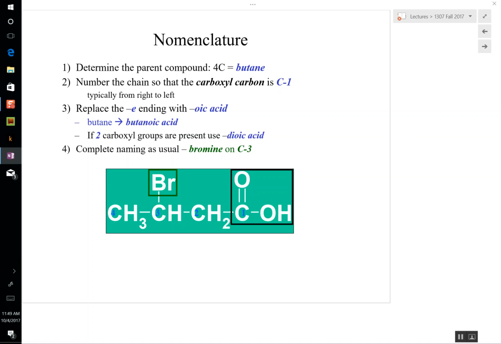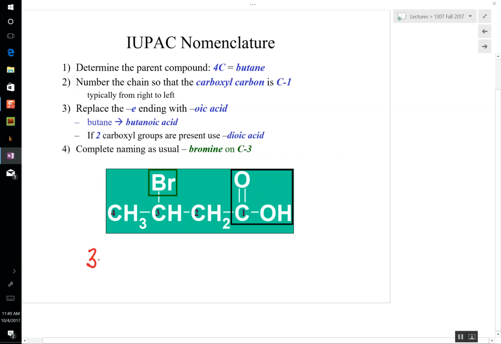And we've got a bromo group on carbon 3, so it's 3-bromobutanoic acid. And just like the aldehyde, I don't particularly need a number for the carboxyl group because it's going to be on the end.